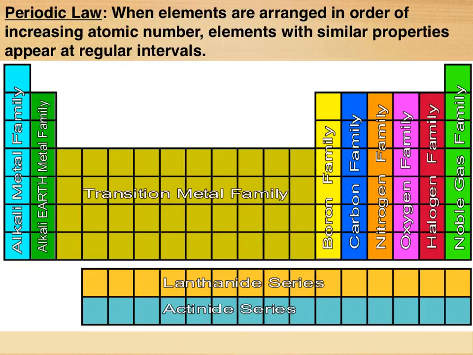All right, so just to review some of the basic classification of the periodic table that you should already know, group 1 is called the alkali metals. Group 2 is alkaline earth metals. Actually, I just noticed that misspelling. That should be, for group 2, alkaline earth metals.